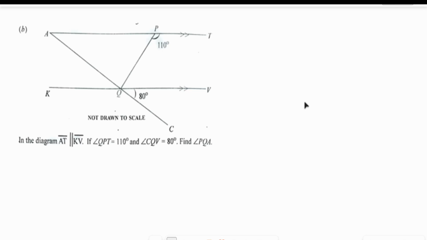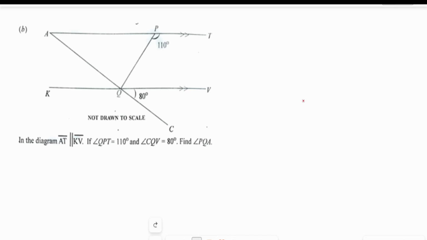So this question really does not have so many words, and we'll go straight to that. The most important information here is that AT and KV are parallel. So if they are parallel, then it means that AC here is a transversal and PQ here is also a transversal, and they are going to help us solve our problems.